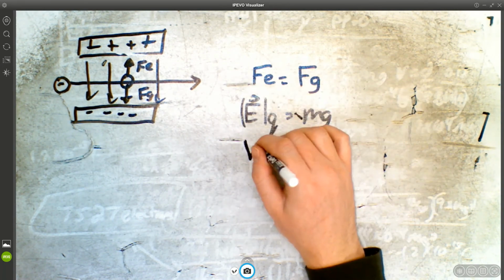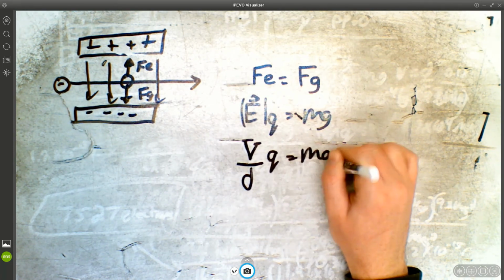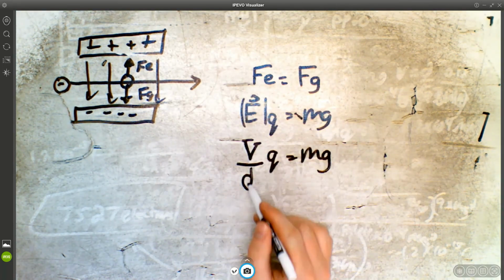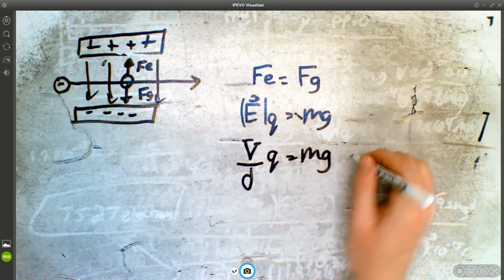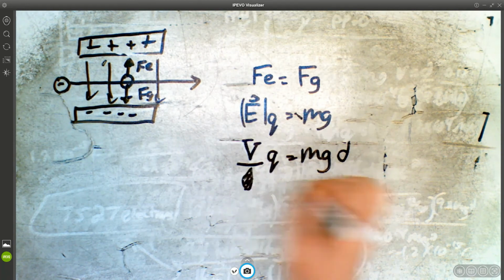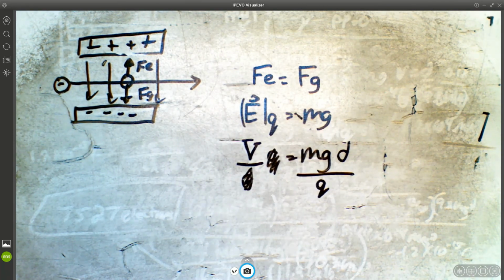This one we can break down into voltage over distance. And we're trying to find the voltage between the plates. Move distance up there, Q down below, and we're ready to go.